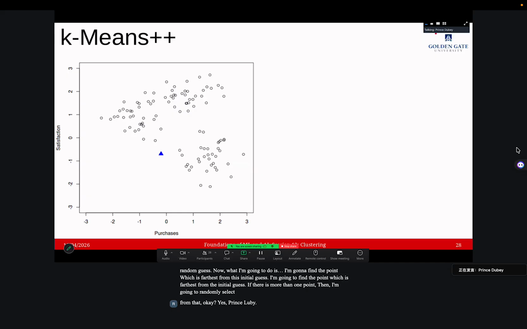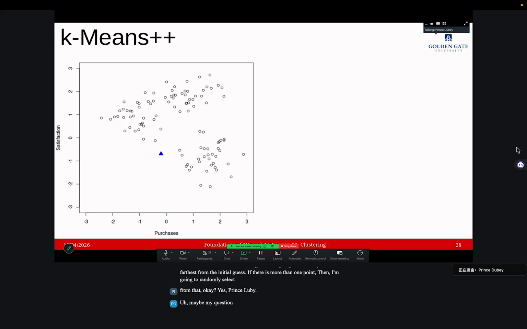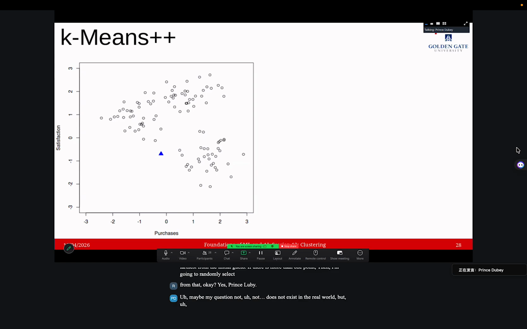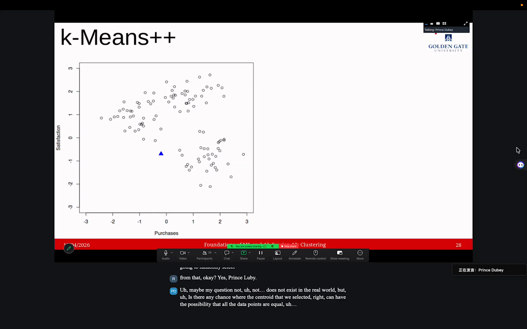Sir, maybe my question does not exist in the real world, but is there any chance where the centroid that we selected can have the possibility that all the data points are sitting at an equal distance from it? Possible.